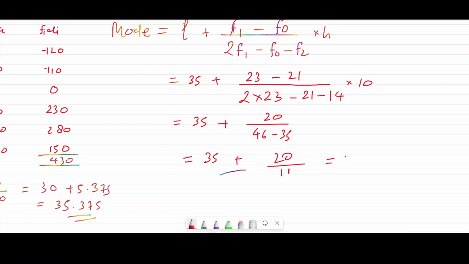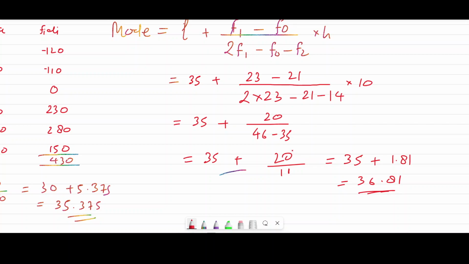Then 35 plus 1.81, and this will be 36.81. So this is the mode.